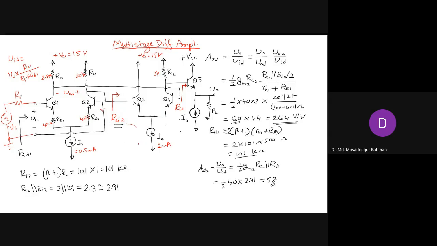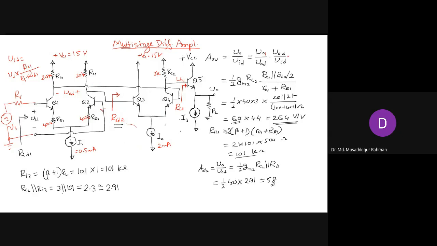So now the overall gain will be the product of the three gains. Here, overall gain, you have V0 by VID. Let's call the voltage here V01. So V0 by V01, and this is the gain for the intermediate stage, V01 by VID. So these are the gains for these two stages.